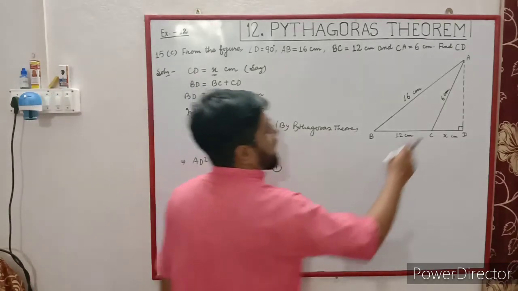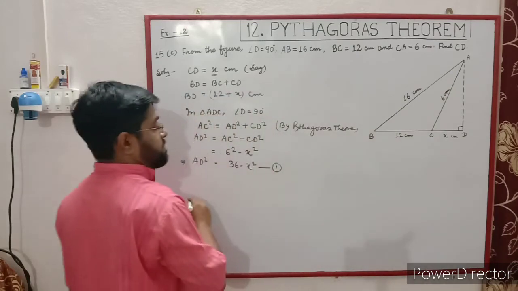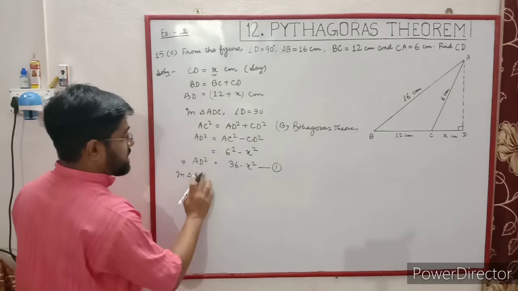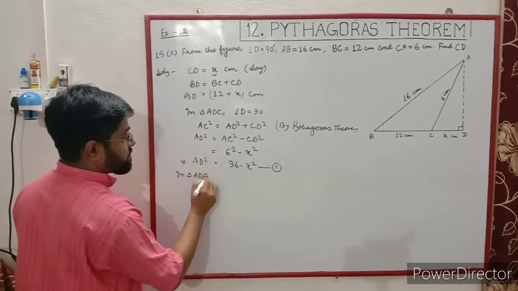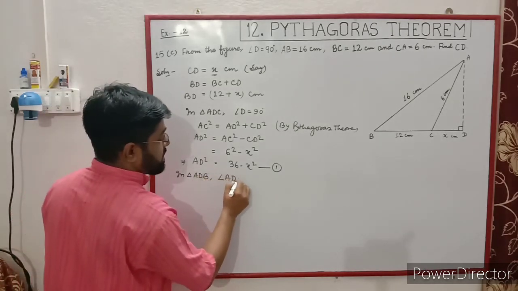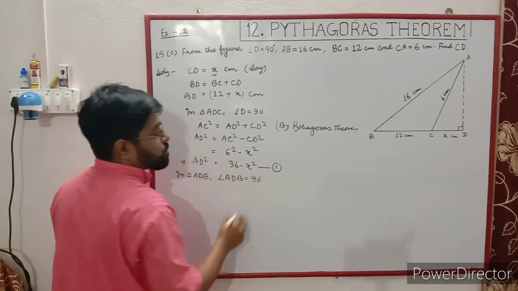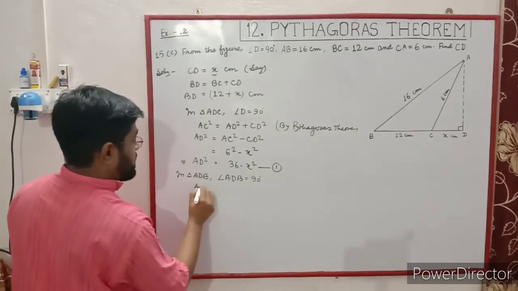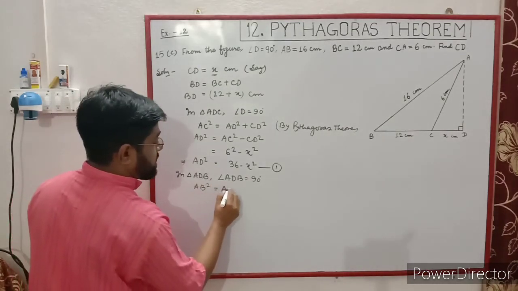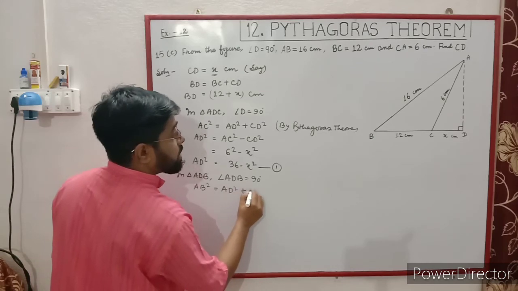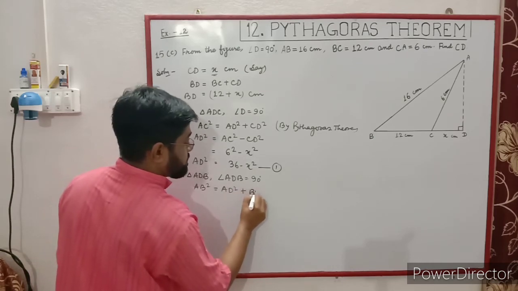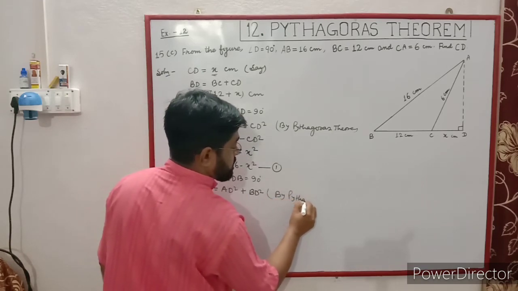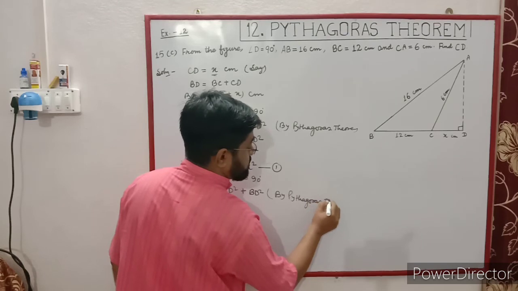Now in triangle ADB, angle ADB is equal to 90 degree, so we can apply the Pythagoras theorem. So AB square is equal to AD square plus BD square by Pythagoras theorem.